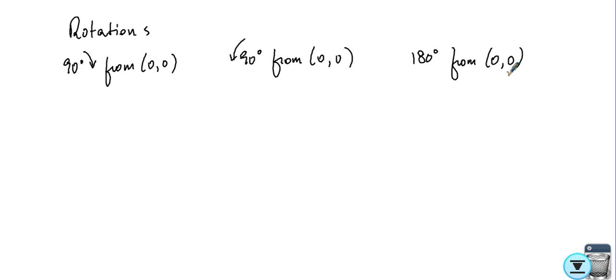We said that for each one of them we had a rule. The rule for rotating 90 clockwise from the origin was to swap coordinates. Then you had to change the sign of the y coordinate.